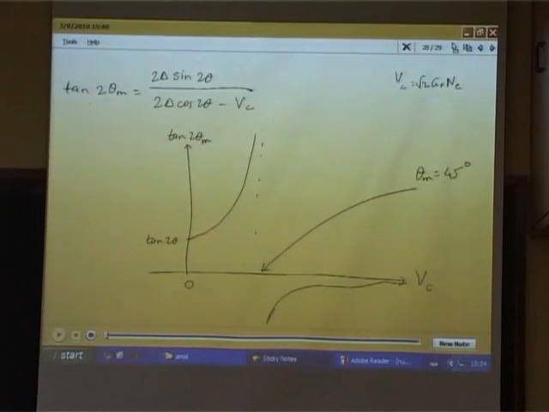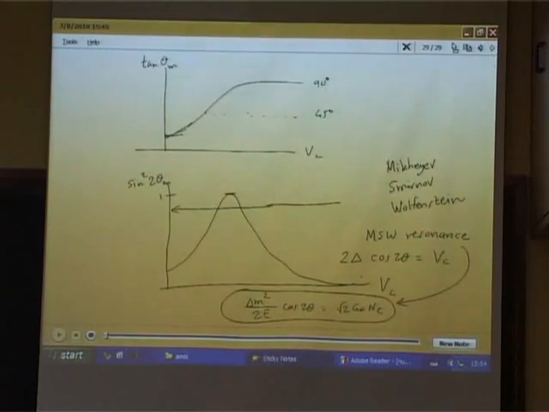However, note that if you look at tan 2 theta m, it is 0 with a minus sign, slightly negative. So theta m is not 0, theta m is 90 degrees. So this is the point I want to make. If you look at the tan theta curve, it passes through 45 degrees and increases to 90 degrees.